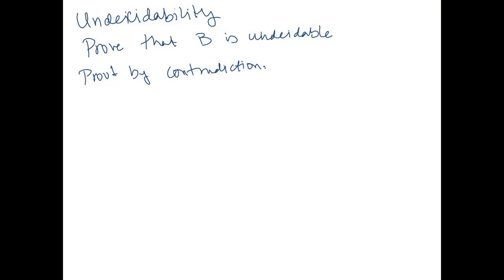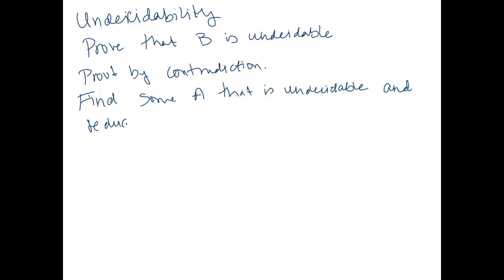What we're going to do is find some A that is undecidable and reduces to B. Next, we suppose that B is decidable, and then we arrive at a contradiction.